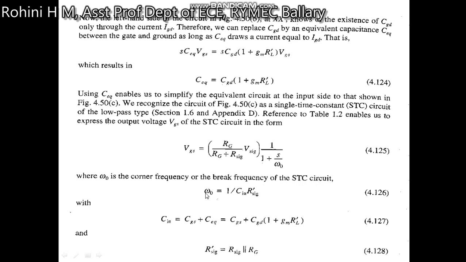Omega naught is given by 1 divided by RC, where R is R signal dash and C is C in. C in is CGS plus C equivalent, substituting from this expression: C in equals CGS plus CGD into 1 plus GM into RL dash. And R signal dash is given by R signal parallel with RG.